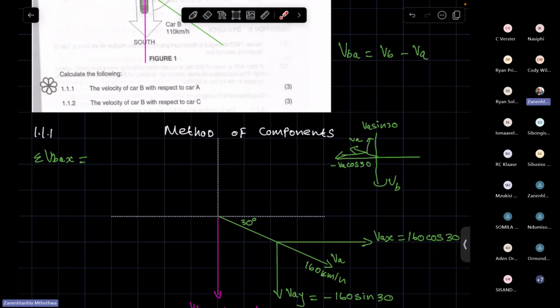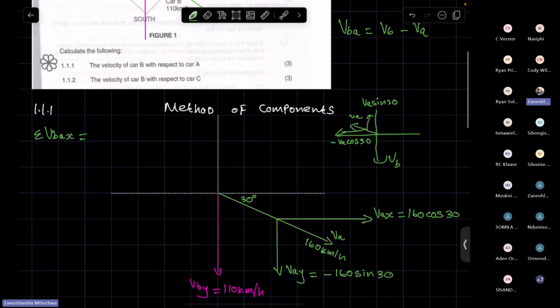So when using this, you would apply conditions of equilibrium, but now with a slight twist. The slight twist being you have to make use of this here. So essentially, you would say, since B is the object, you would say VBX minus VAX.